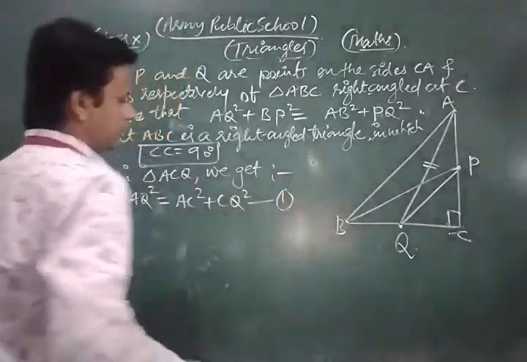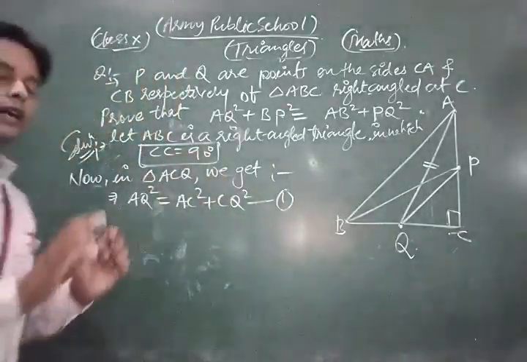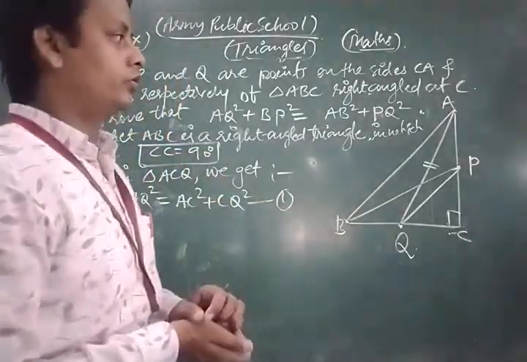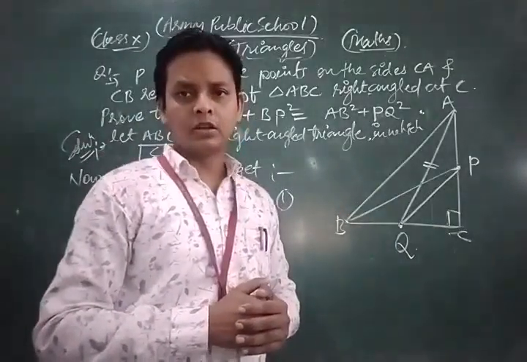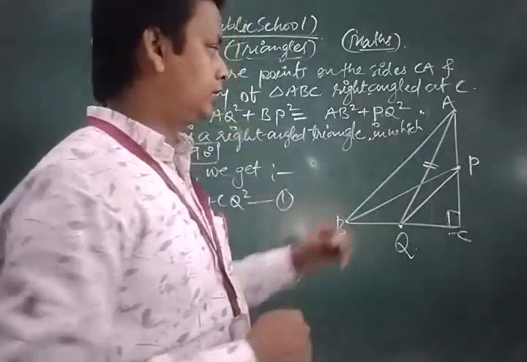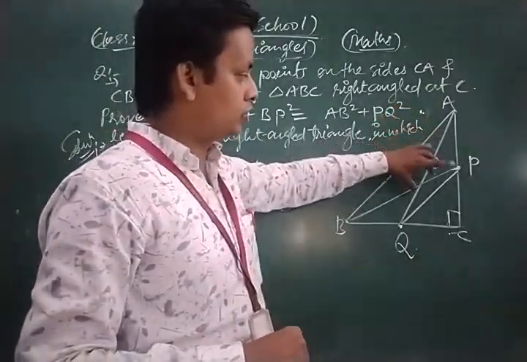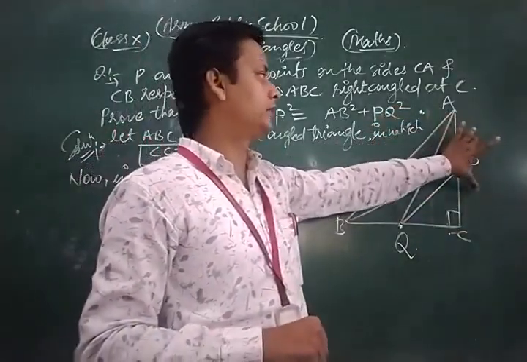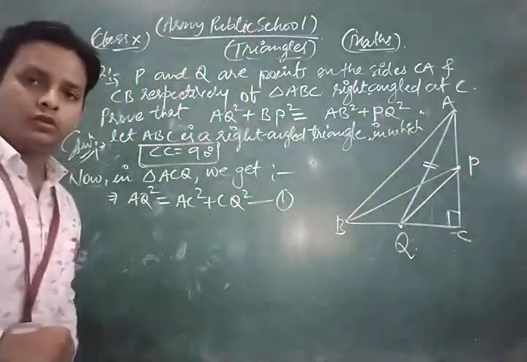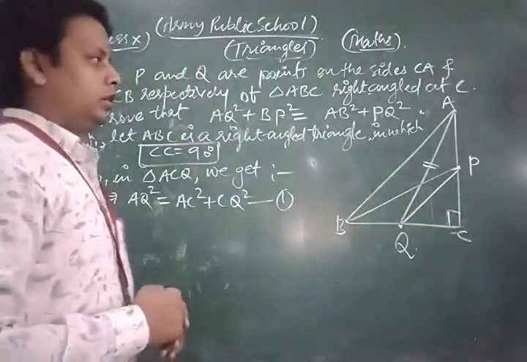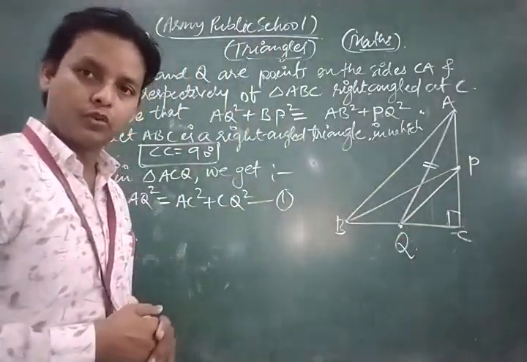Take equation number 1. You know that according to Pythagoras theorem, the square of the hypotenuse is equal to the sum of the squares of the other two sides of the triangle. So AQ square is equal to AC square plus CQ square.